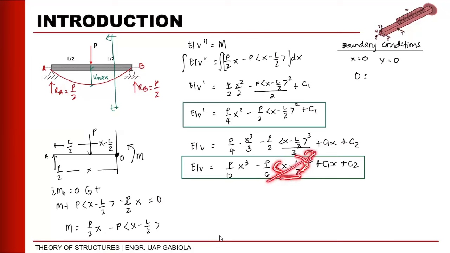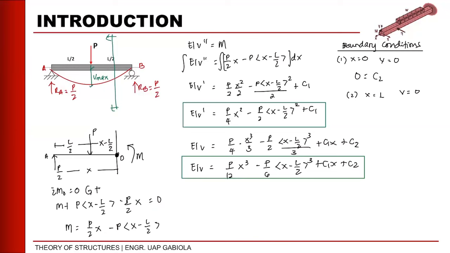Kasi pag nag-negative siya, ibig sabihin, hindi siya kasama doon sa segment na kino-consider natin. Okay? So dito magiging 0, 0, 0. So matitira is C2 lang. So we have shown na si C2 will be equals to 0 kapag yung boundary condition natin is ito. Okay? Yung second boundary condition natin, kapag yung x natin ay equal sa L o sa full length natin, yung v din natin ay equal sa 0.